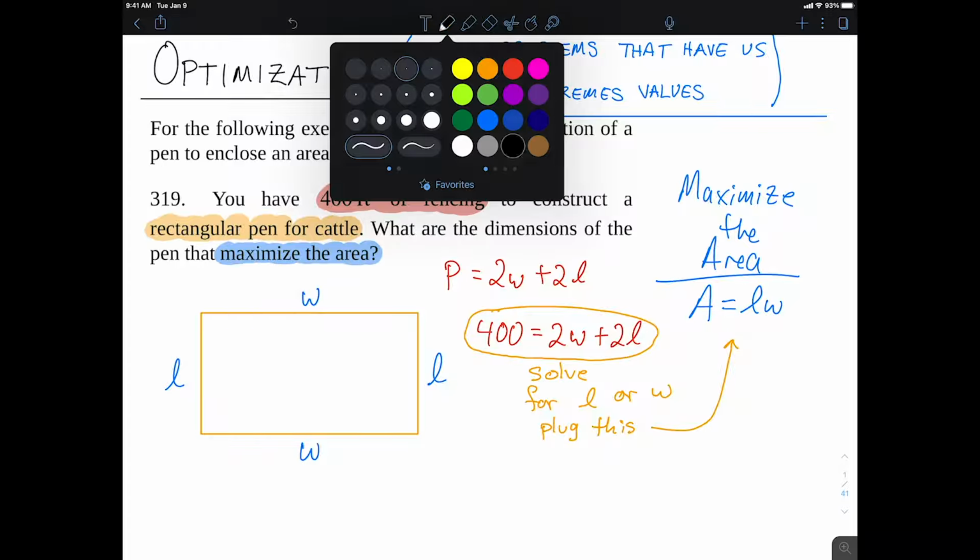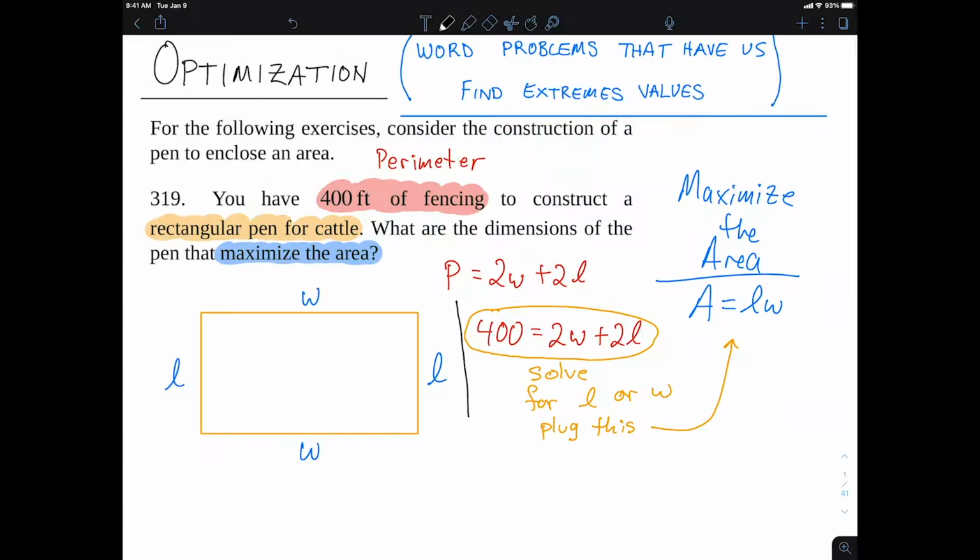This equation for the perimeter, the one that has the 400 in it, is what's commonly known as a constraint equation. And the thing that we're trying to maximize is known as an objective equation.